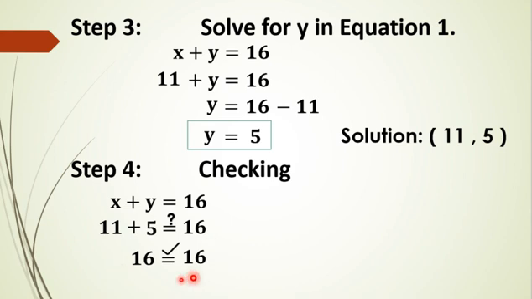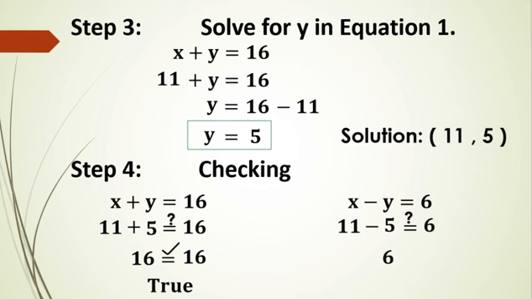Since the resulting statement is correct, therefore, it is true. The solution satisfied the first equation. How about the second equation? x minus y equals 6. 11 minus 5 equals 6. 11 minus 5 is 6.